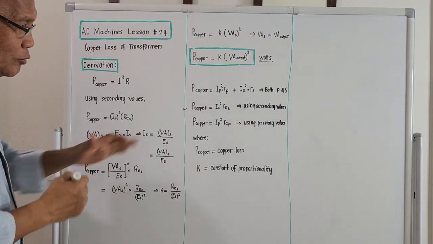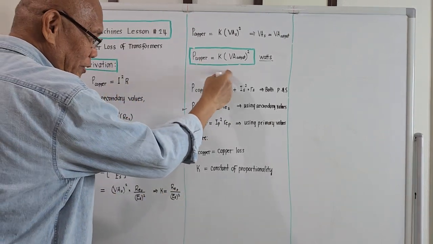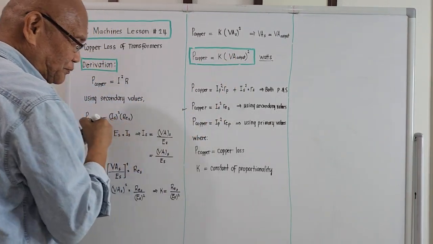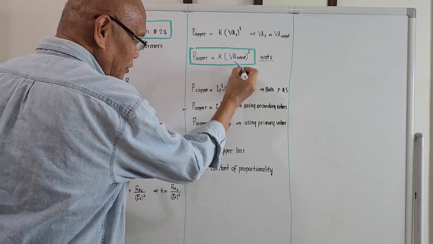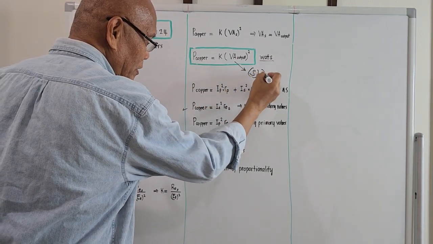We'll try to derive why copper loss is directly proportional to the square of the volt ampere output. Volt ampere is actually the apparent power, S, quantity square.